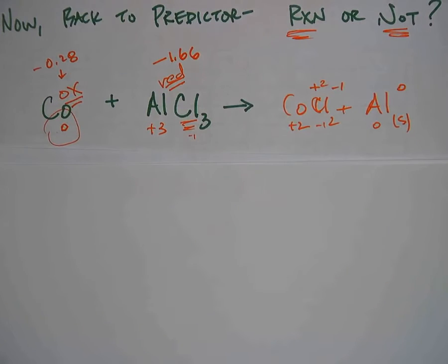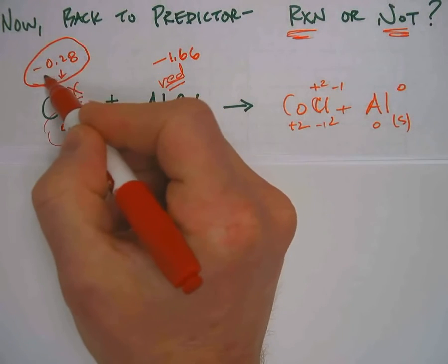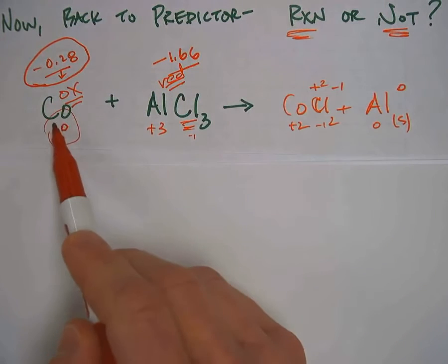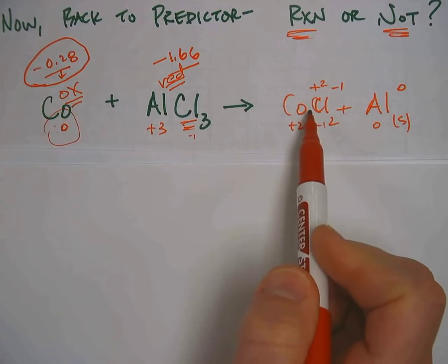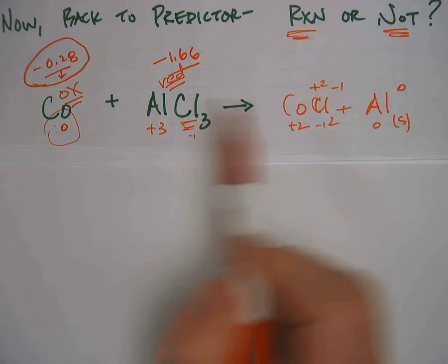Who has the higher standard reduction potential? Okay, here's cobalt. It's more positive than aluminum. Is cobalt being reduced in this possible reaction? No. Cobalt's being oxidized, right?